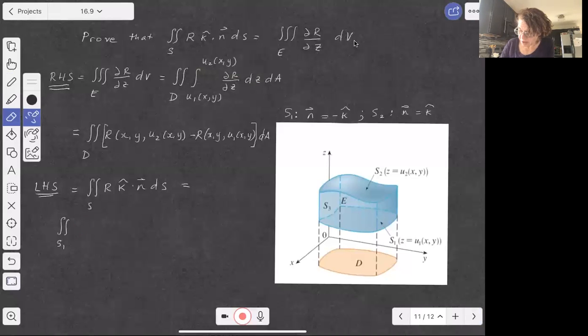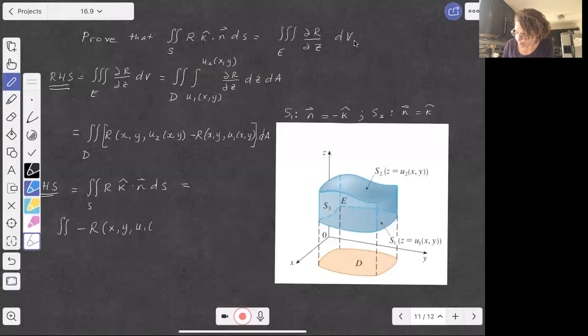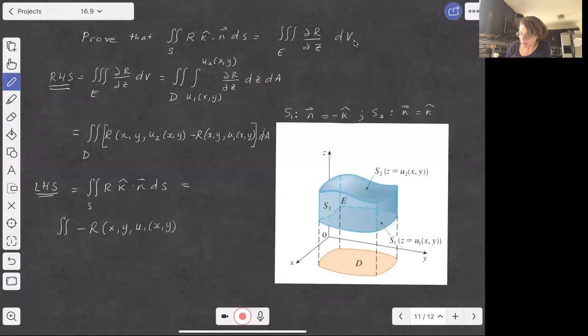So we're going to get negative R. The value of R on S1 is going to be R at x, y, and u1 of x, y, the value of z, and that's going to be over the domain D times dA. So that's the first part.